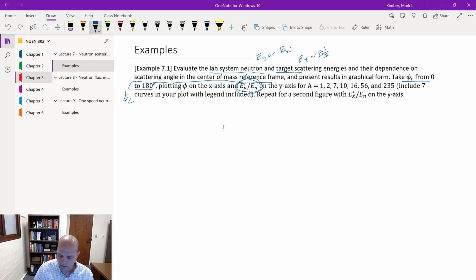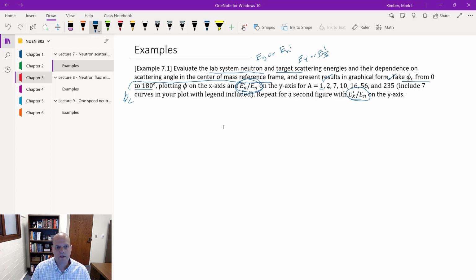And I want to consider 1, 2, 3, 4, 5, 6, 7 different targets. They all have different mass numbers, and so I'm going from very light to relatively very heavy. And I want to have 7 of those curves on the plot. And then I do this again for this parameter here, which is the relative increase in the target nucleus kinetic energy.